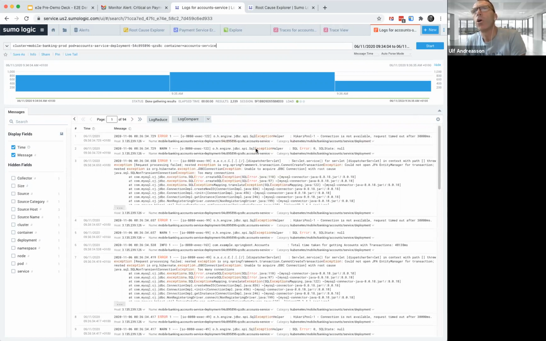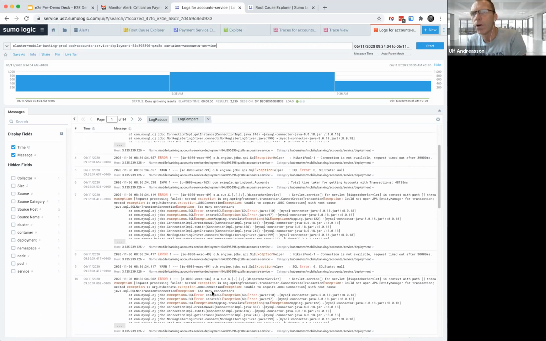Looking at these logs, it talks about SQL errors in many places, so I can infer that this really is a database issue. I can also see in many places that there's too many connections. I see this in a lot of different log lines. So there's definitely some kind of issue.